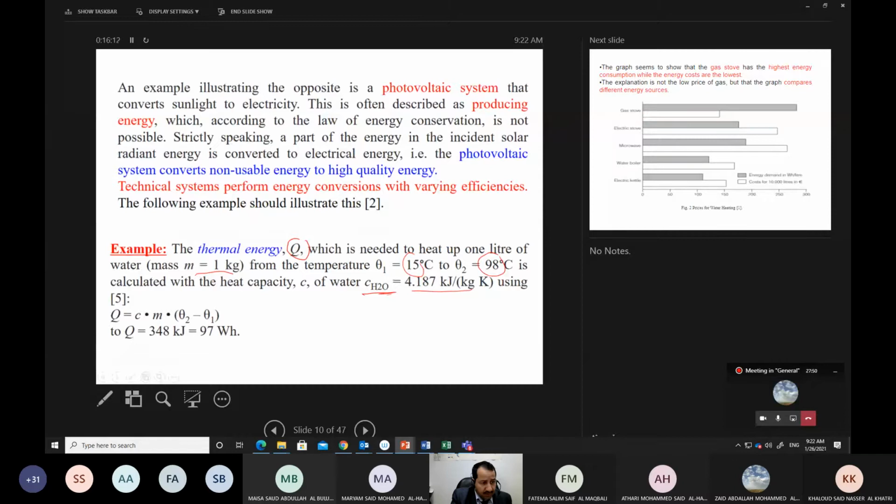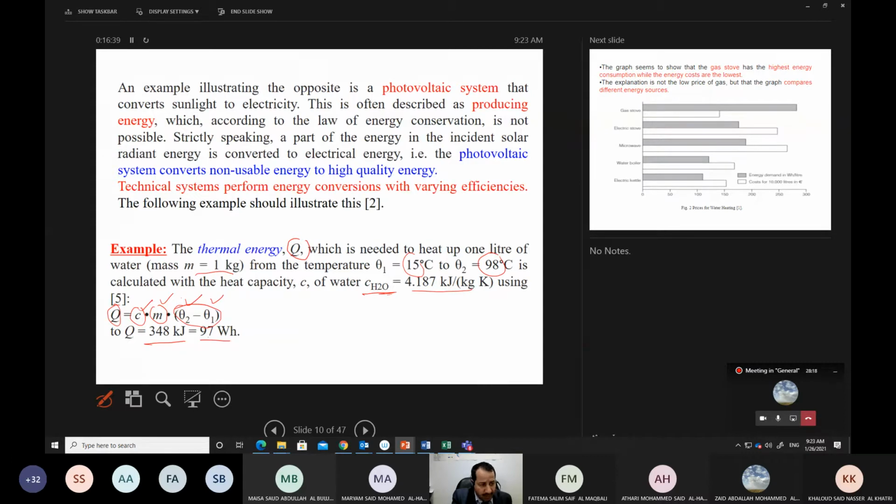There is a formula to calculate the thermal energy: thermal energy equals heat capacity times mass times temperature difference. He gave me everything: the mass, 1 kilogram, theta 2, 98, theta 1, 15, and C, which is 4.187. I just need to multiply, it's just a matter of math.